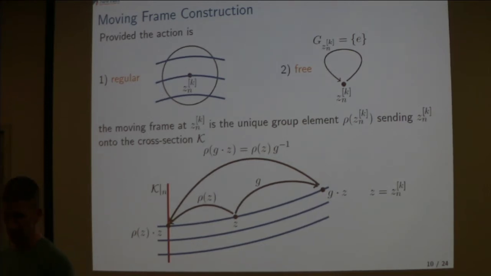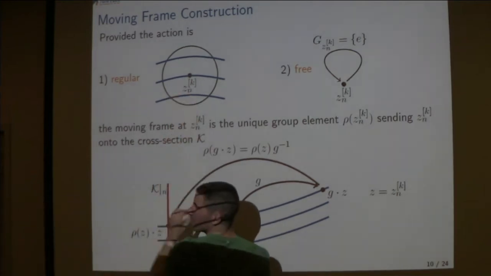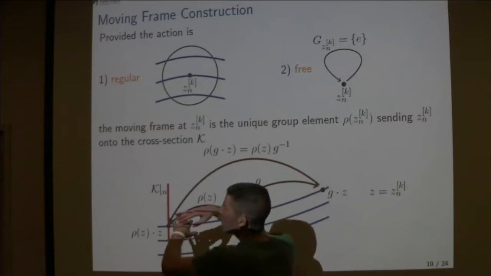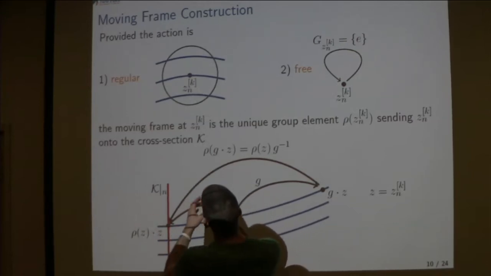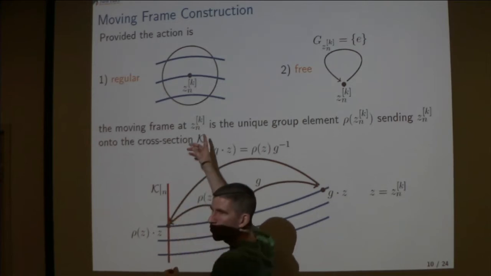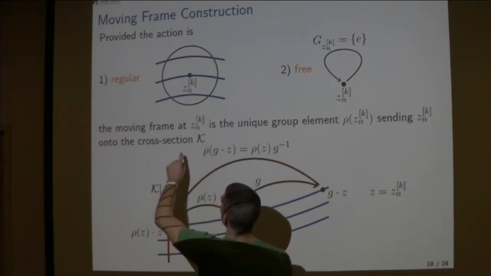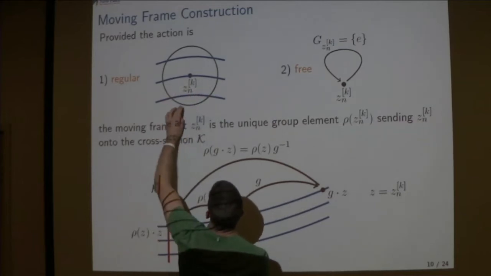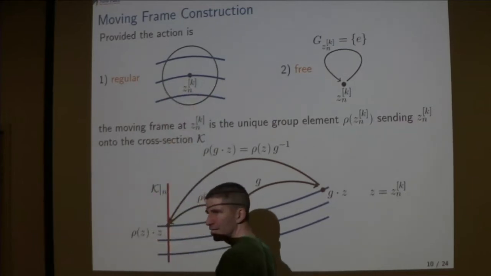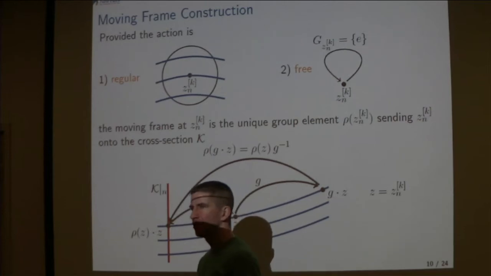Intuitively, you choose a point, and then you have these orbits near the point, and to be regular means that you can find a small enough neighborhood such that if you look at the intersection of the orbits and the neighborhood, each orbit will be connected.